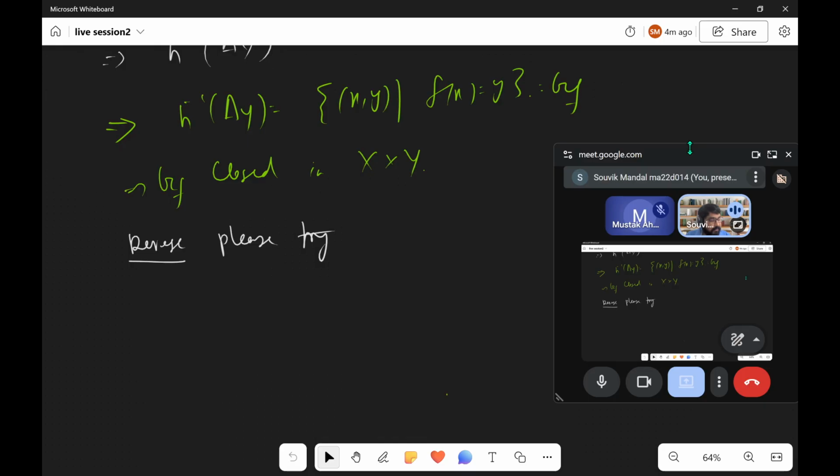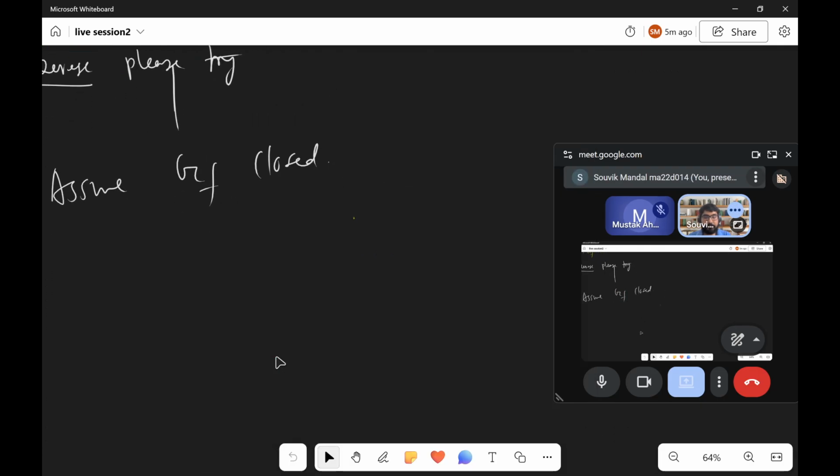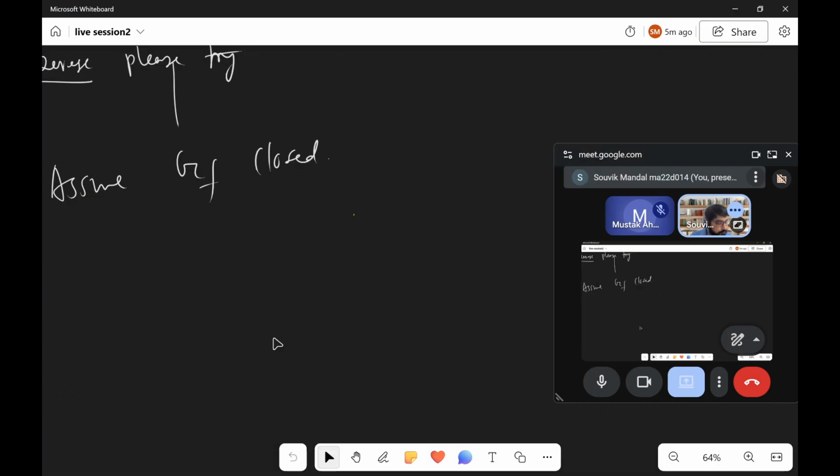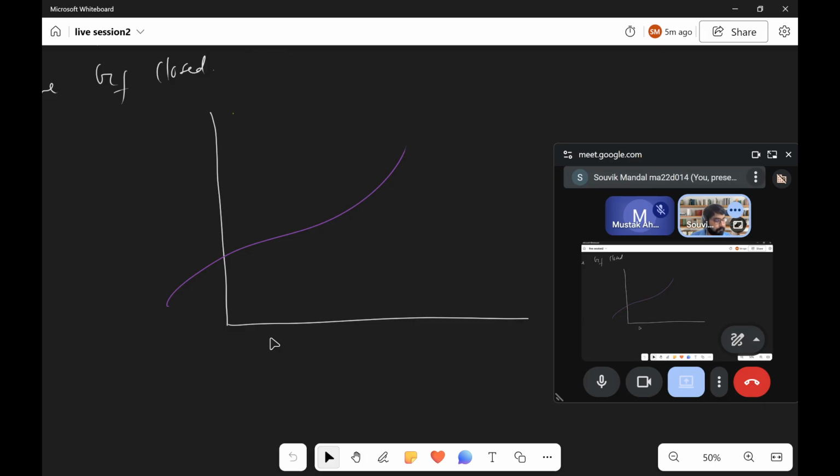So basically, we have to assume the graph is closed. So assume the graph is closed. Okay, we can assume that, right? Now here is a picture, and suppose this is the graph of f.